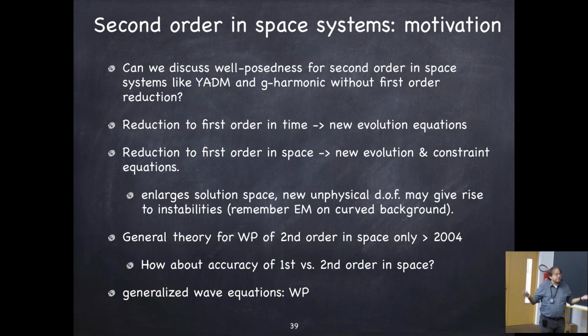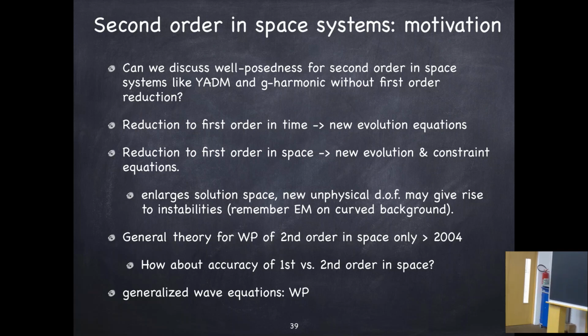You have the same rules, but you have to treat it slightly differently. I'll just flash the main results and what this looks like, just to make you aware that this exists. And then I want to show you some plots at the end.